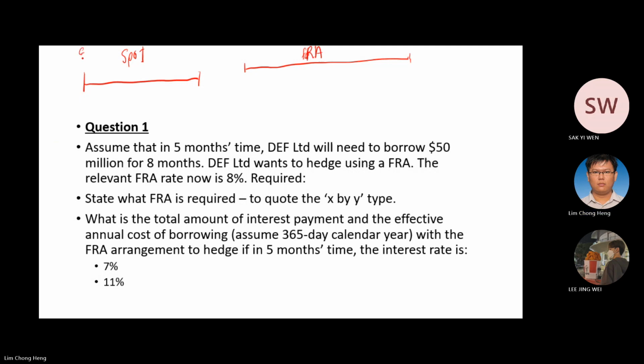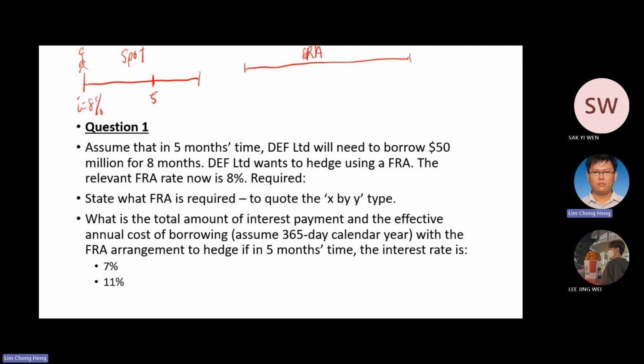Today, you go to the bank. The bank says, okay, interest is 8%. And you need to take the loan in 5 months' time.